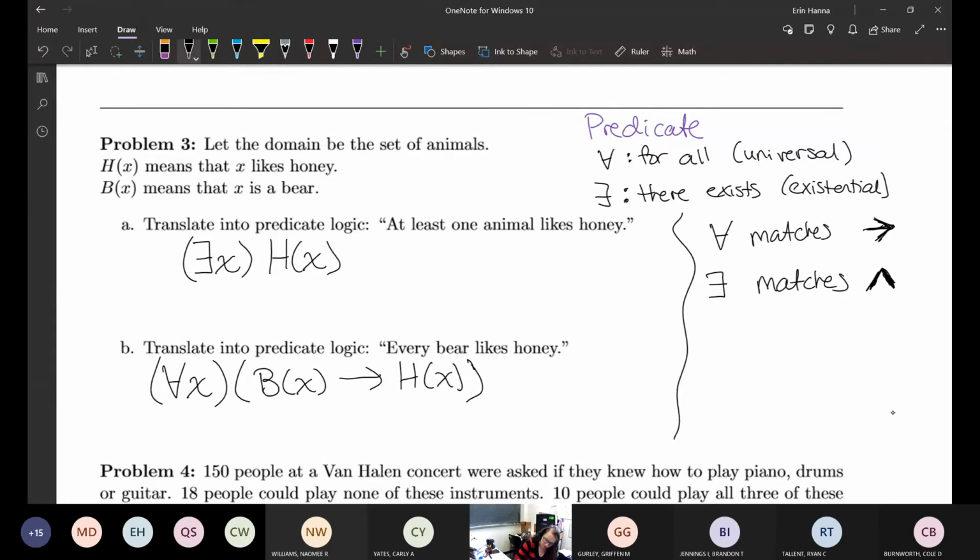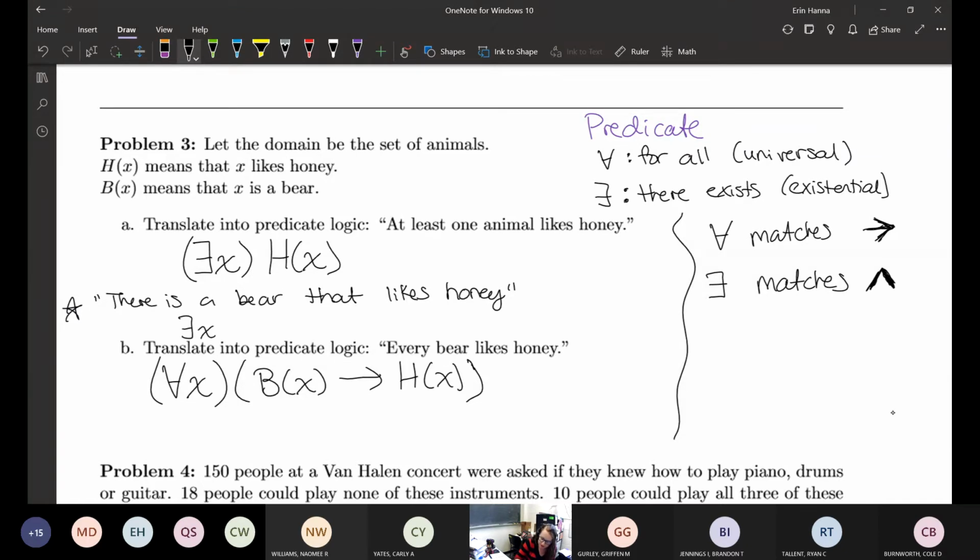Let me add in one more over here really quick. If I wanted to say something like there is a bear that likes honey. So there is a bear means that there's at least one. There could be more than one bear. It could actually be all bears, but this is just saying there's at least one bear that likes honey.